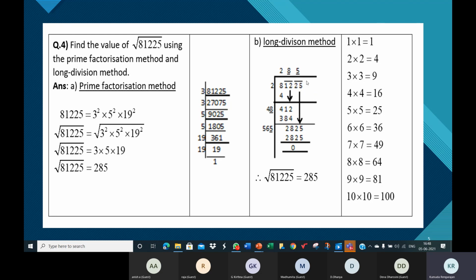So 2, 5 makes a group. 1, 2 makes a group. 8 stands alone. Don't group from the beginning. It's not 81, 22 and 5 alone. No, group in twos from behind. So 25 makes a group. 12 makes a group, and then 8 stands alone. Is that fine?